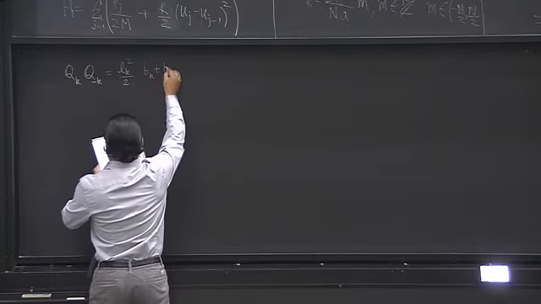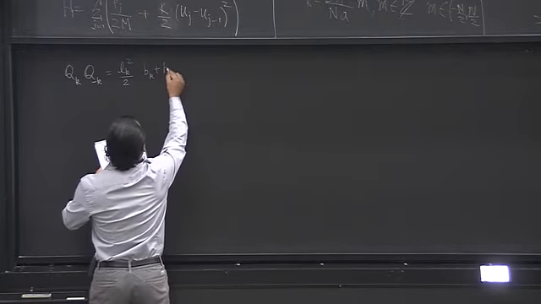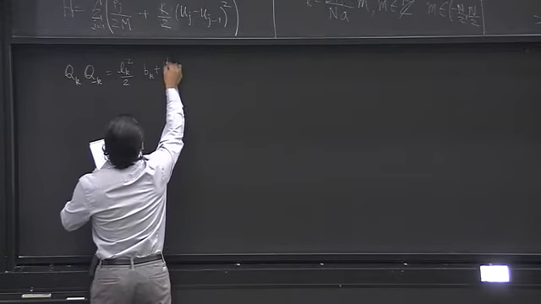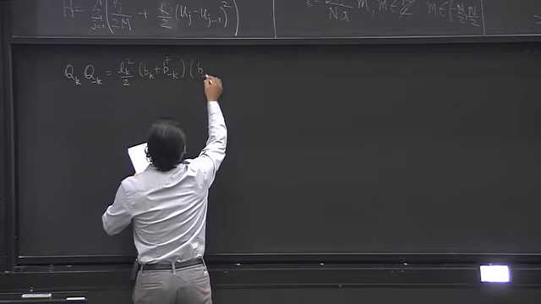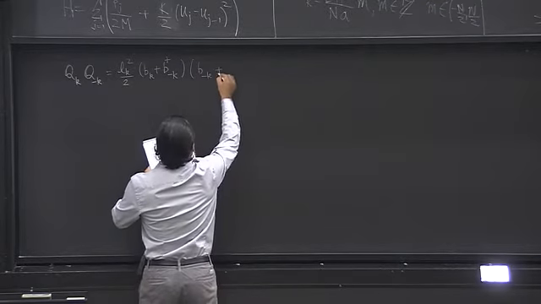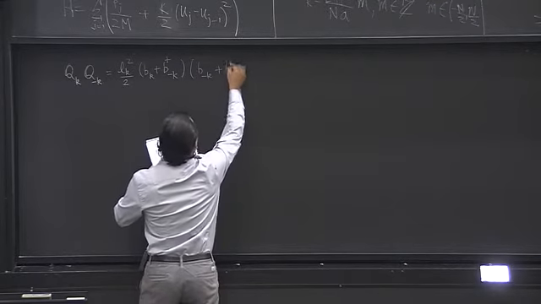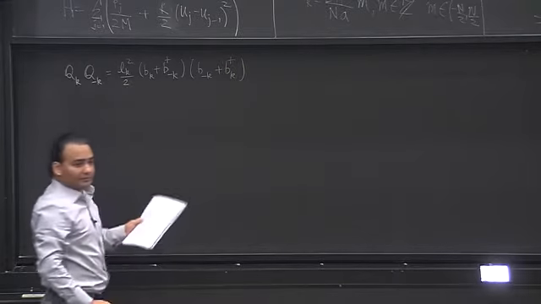b_k plus b minus k dagger, and b of minus k plus b_k dagger.